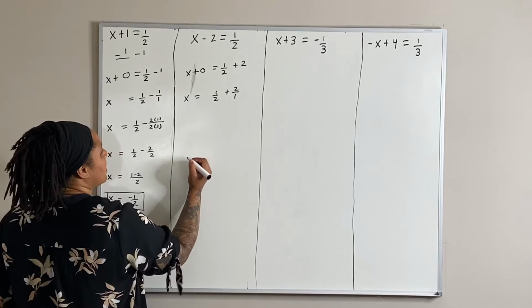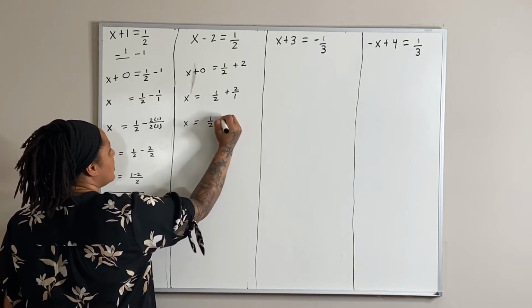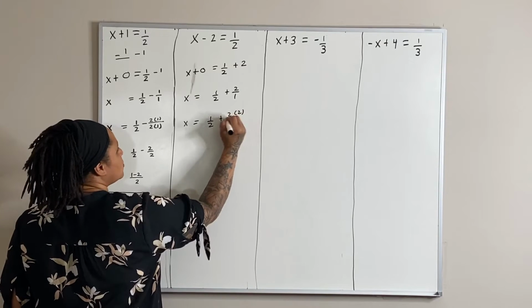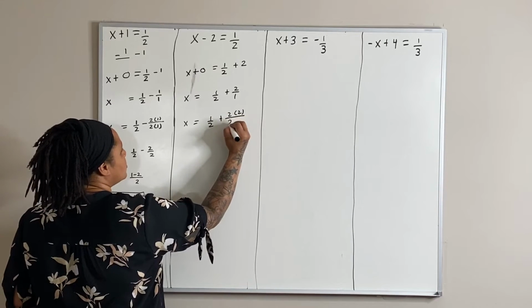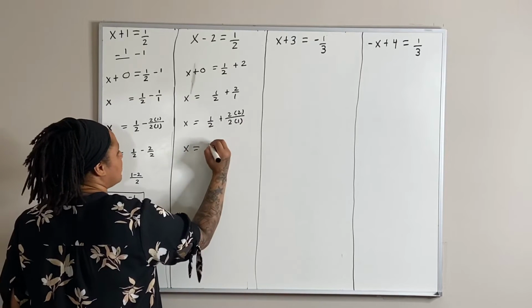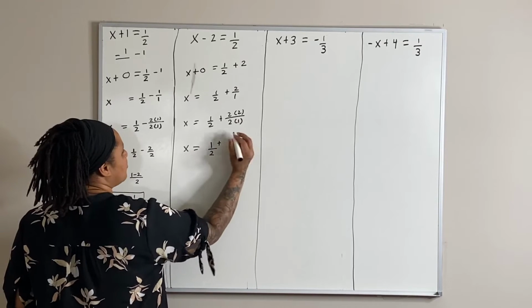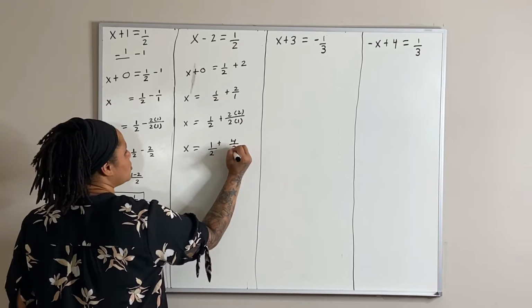We need a common denominator, which is 2. So we're going to say x is equal to 1/2 plus 2 times 2/2 times 1. So now we have a common denominator. So that makes it 1/2 plus 4/2.